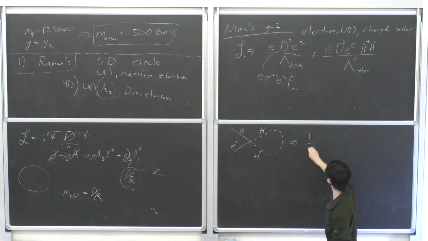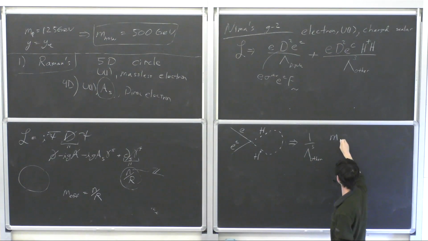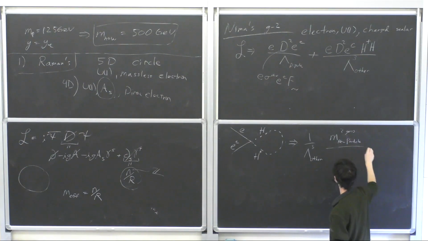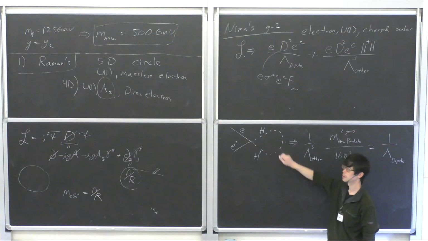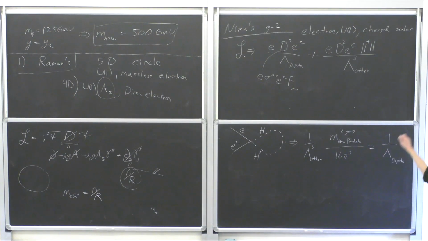This is 1 over lambda other cubed, some mass scale of new particles. This is a guess using their standard arguments. 16 pi squared should be equal to 1 over lambda dipole. So this is the standard argument. And we're just going to show a UV completion where we are able to generate actually a 2-loop factor here that's going to be this thing squared, relating the two, rather than a 1-loop.